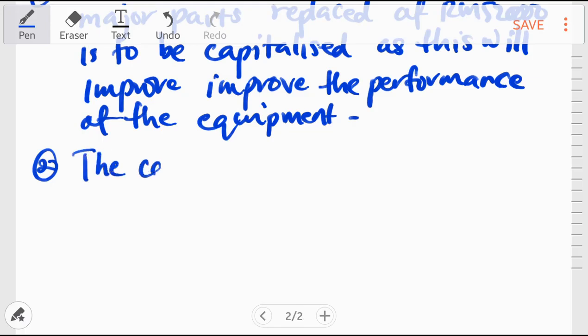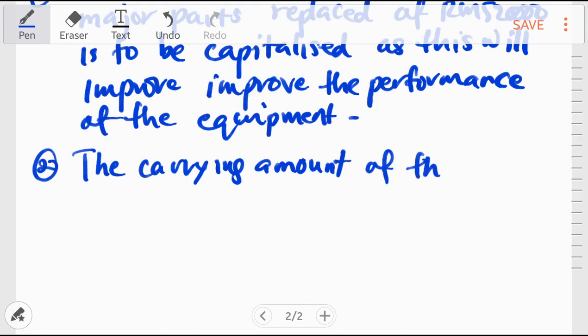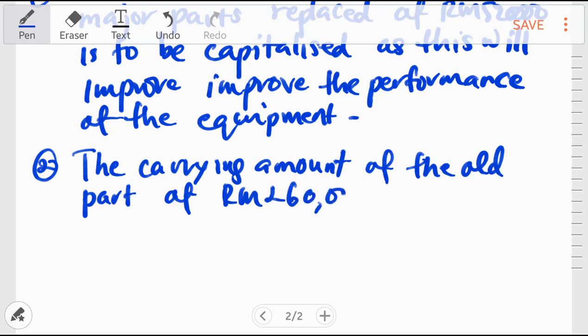The next one is talking about the old parts replaced. So you say the carrying amount. Remember we calculated that, so just put the carrying amount of the old part. Just write what you worked out, that's the accounting treatment. Write them in proper order. Of how much was it? I have done that earlier, 260. How?